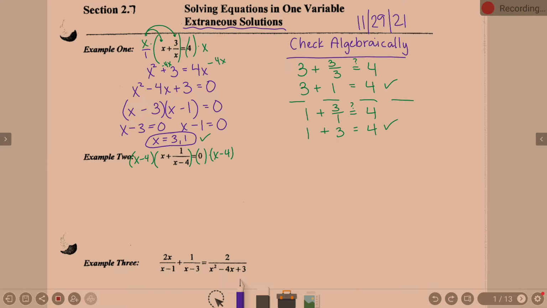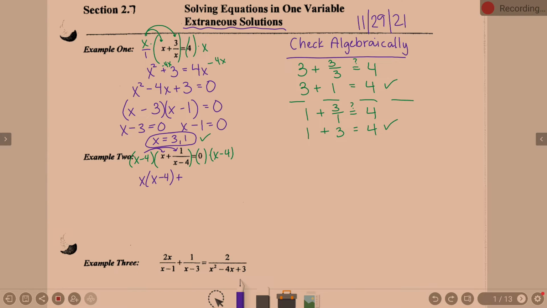So the first thing I'm going to have, and I'm not going to quite multiply it out, is x minus 4 times x. So I'm just going to write for a moment x times x minus 4. I'll come back and multiply that out next step, or feel free to multiply it out right now, that's fine. Plus, what happens when I multiply x minus 4 times 1 over x minus 4?